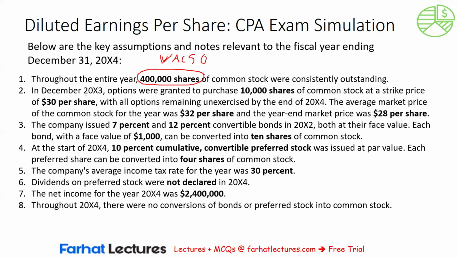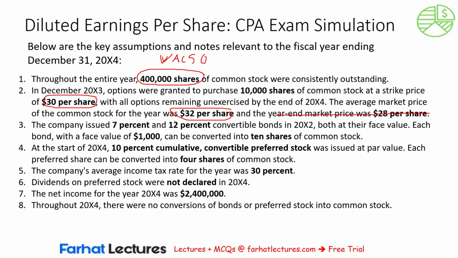Second information, in December 2000 X3, so before the beginning of the current year, options were granted to purchase 10,000 shares of common stock at a strike price of $30 per share. We're going to compare this with the average market price, which is $32 per share. Be aware, the year-end market price will not be used in determining whether these options are dilutive.